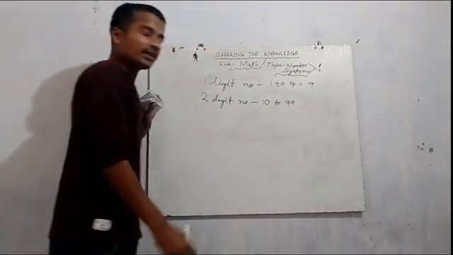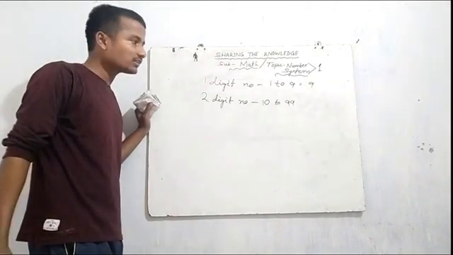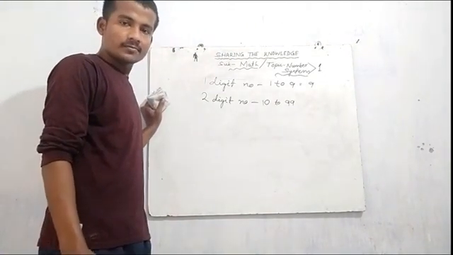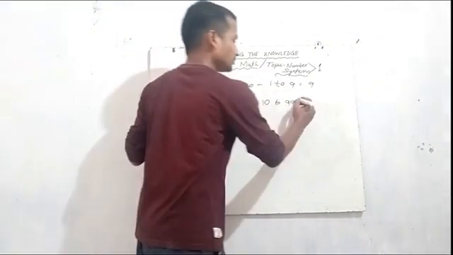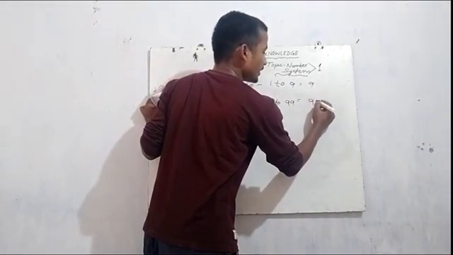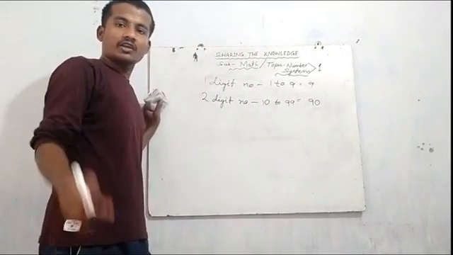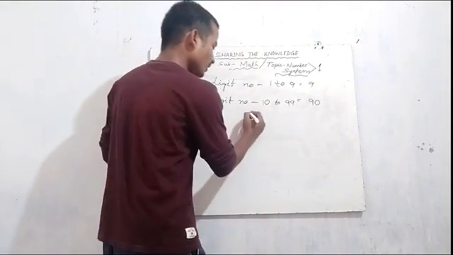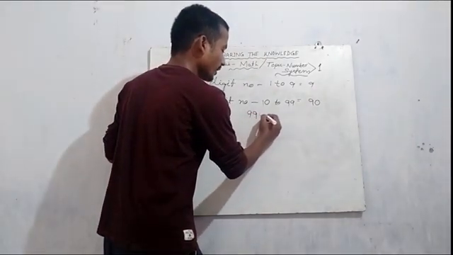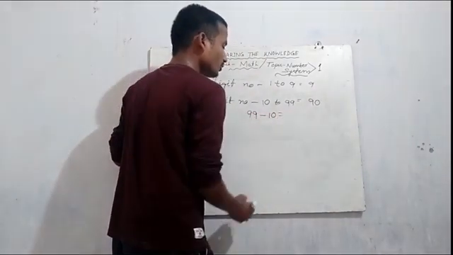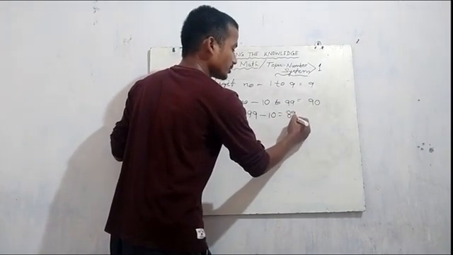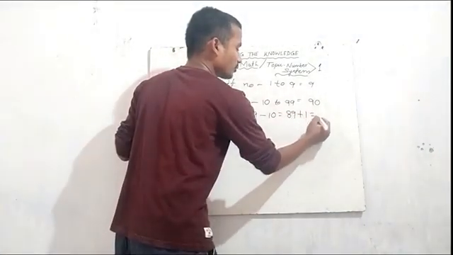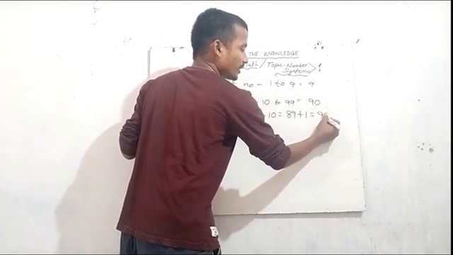So how many are there from 10 to 99? Yes, it is 90. You can count it like 99 minus 10 equals 89, plus 1 equals 90.